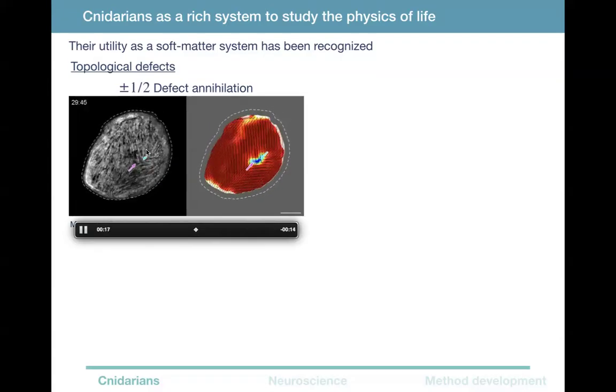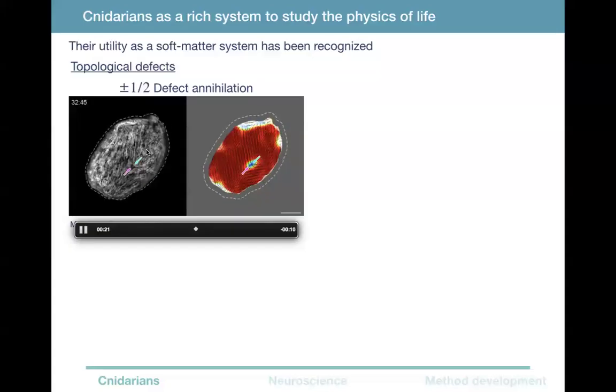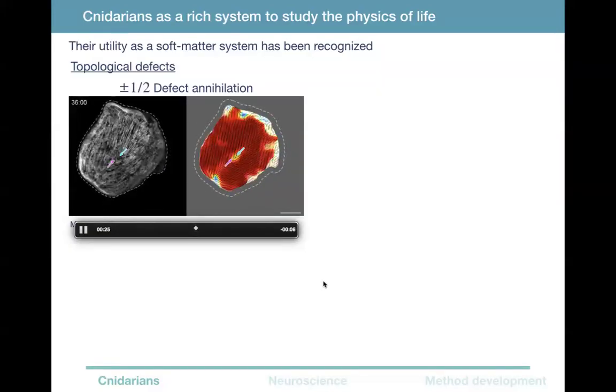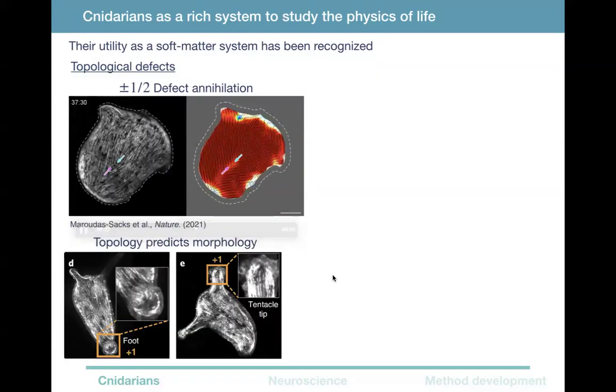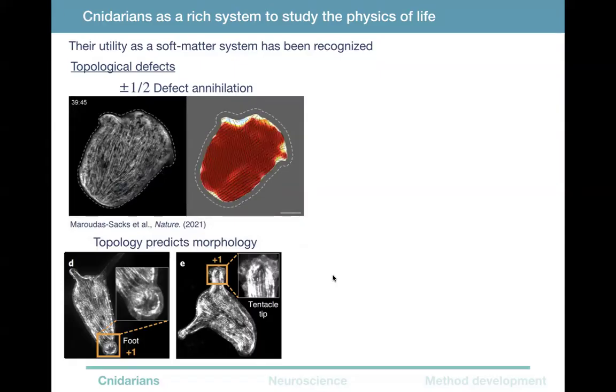For lots of folks here who are interested in active nematics, I think this is an interesting feature. What they found was that these topological defects predict morphology. So +1 defects predict where a foot or a tentacle might be, and -1/2 defects predict where certain parts of the head are going to end up.